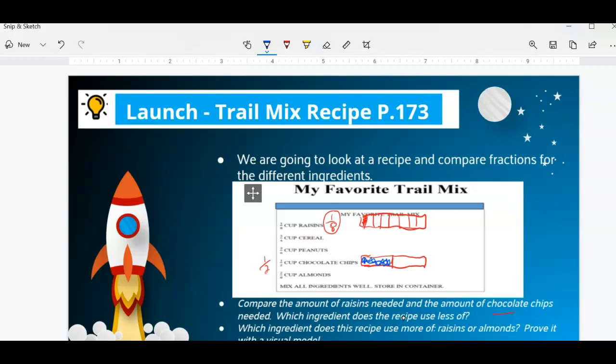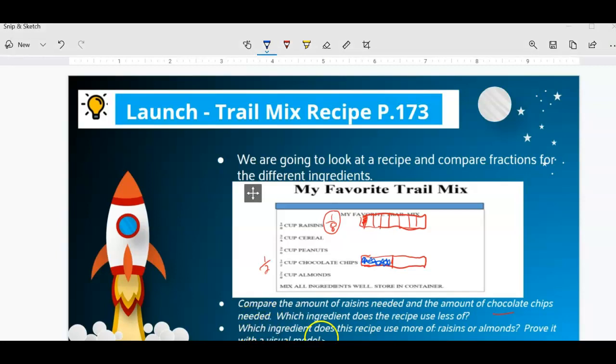And we see that there are less raisins than there are chips. So the recipe used less of the raisins than of the chocolate chips. But before we even drew the diagrams, we could reason by looking at the number of equal parts, 8 versus 2, and compare that.